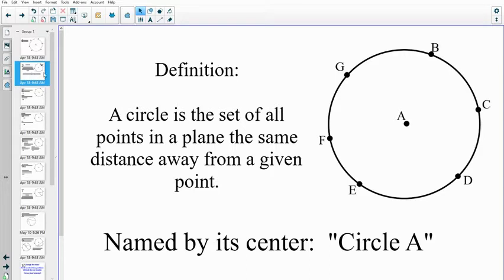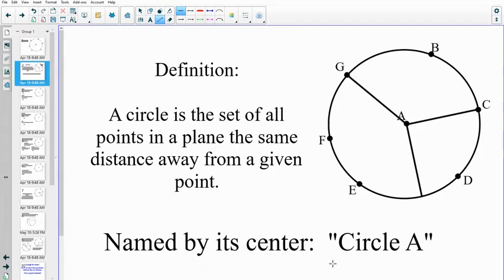When we have this definition, a circle is a set of all points, every single one of these points, not even just the ones that I have labeled, like point G and point B and point D. Yes, all of these, but then all of these points that are in between, everything that makes this a circle, each one of these is the same distance away from the center. The length of that segment is the same as the length of that segment, and it's also the same as the length of this segment that goes out to the circle.